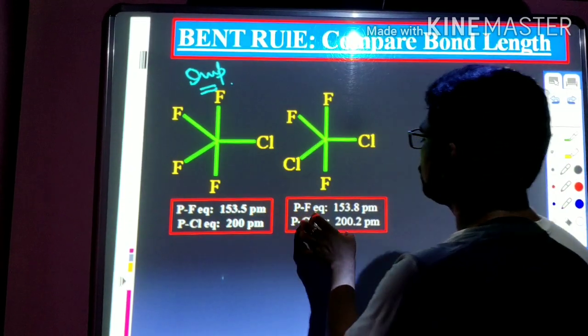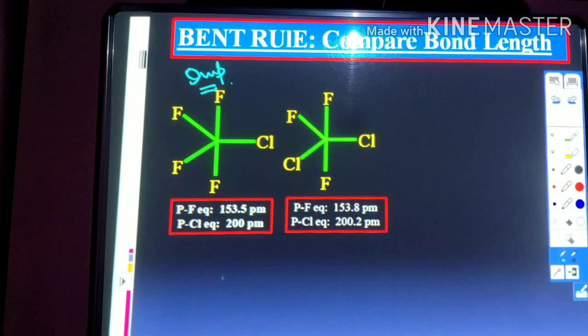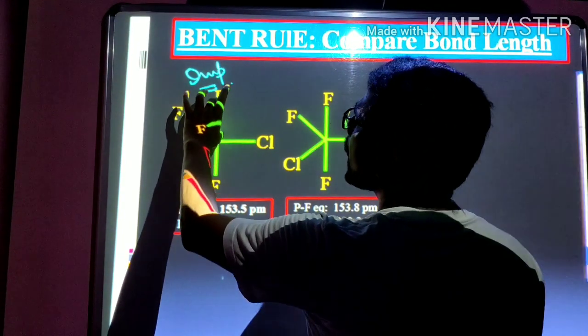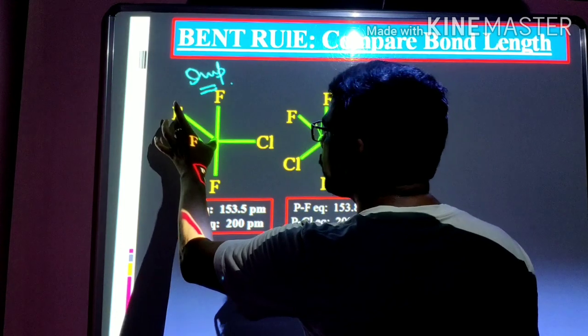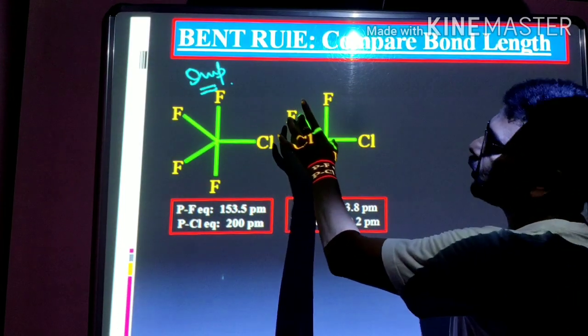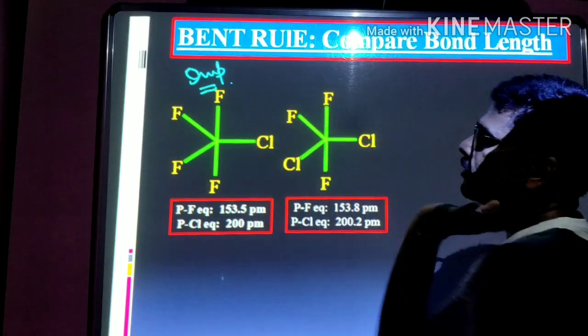I have given you the data. Now you need to compare that. Here the equatorial bond, in this case PF equatorial bond, and here the PF equatorial bond, how it will be changed.